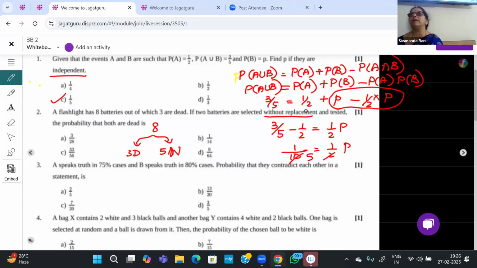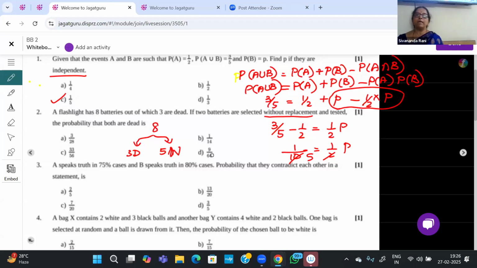Yes, for probability. Of course, both experiments are different, and we all know the sample space will be different for both. But when you're drawing any number of items simultaneously without replacement or one by one without replacement, you should use combinations.